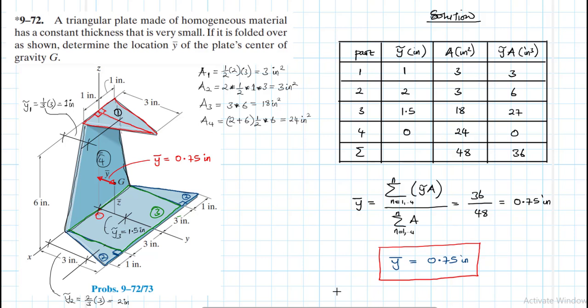That's the location on the y-axis of the center of gravity. But for this problem to finish, we would also need to find the location in the z-axis. In the x-axis it is 0, but in the z-axis we would need to calculate it, but that was not part of the problem.